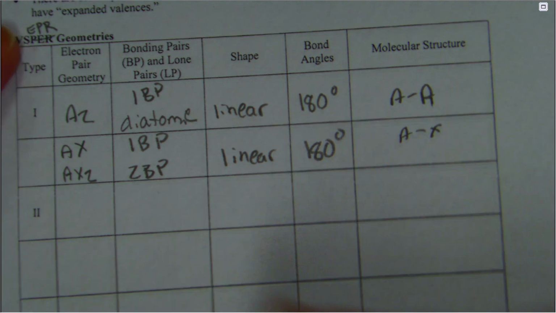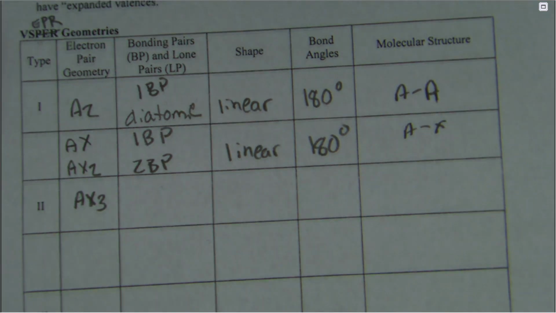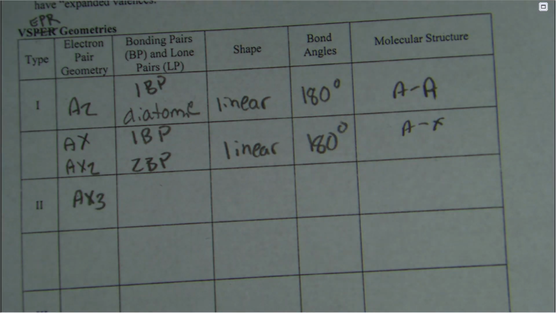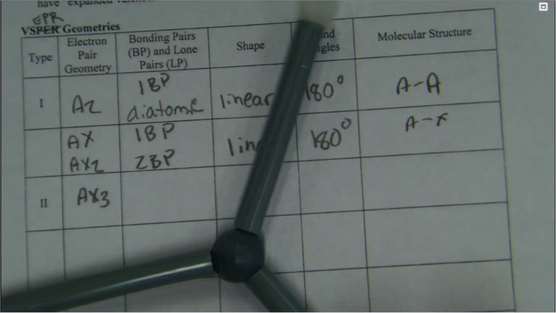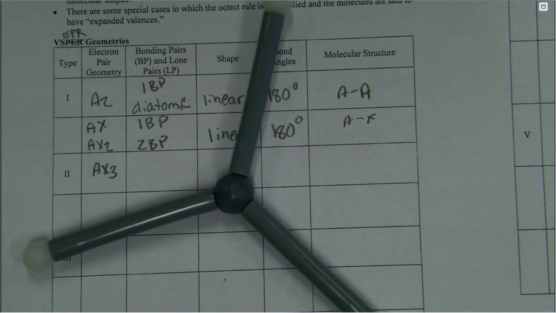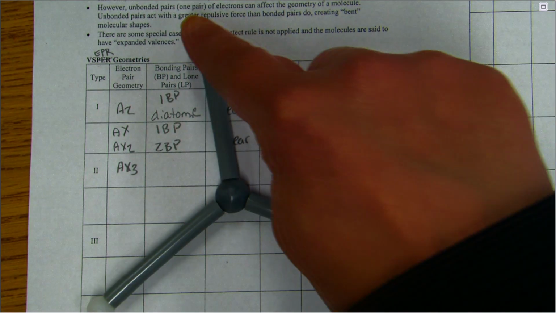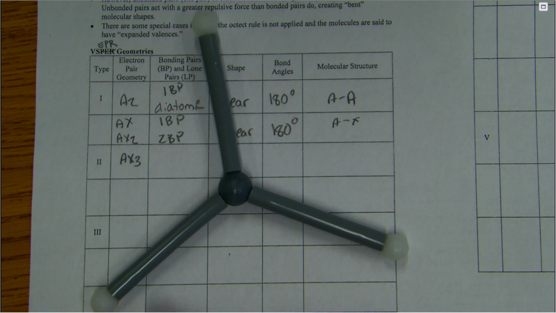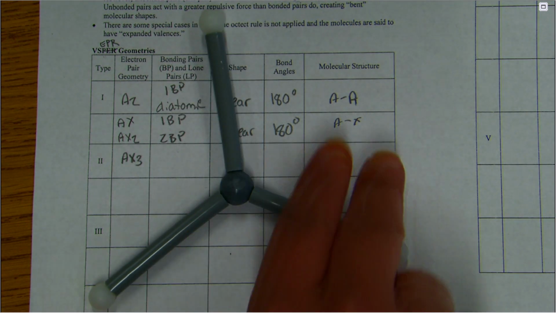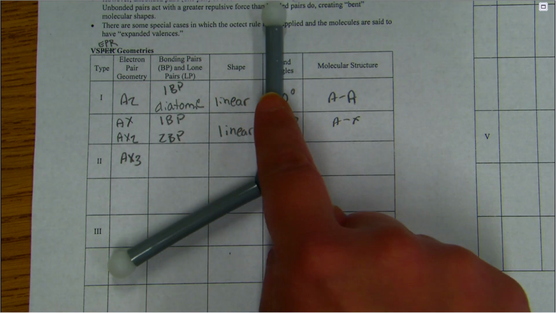What if we have a central atom surrounded by three things? So that is AX3. Those three things could all be atoms from the periodic table, so different elements. If I have three elements, then I have how many bonding pairs? 1, 2, 3.